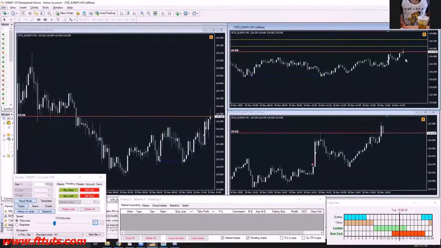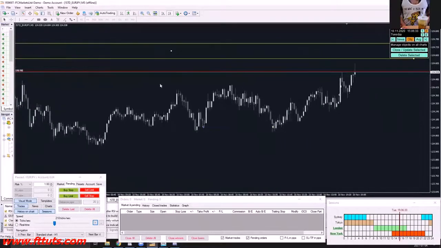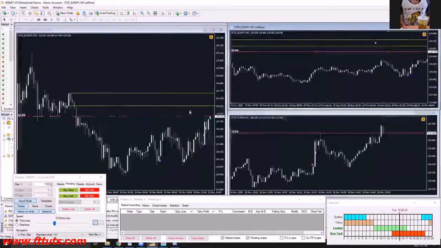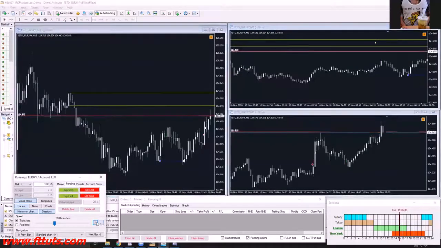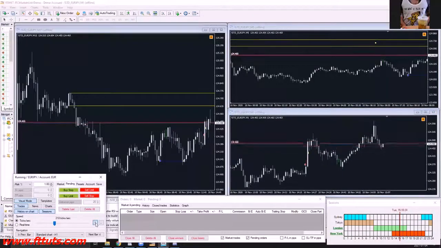Coming up to this order block up here on the 5. What I also see here on the 1 minute is actually equal highs and possible FU. See that? There we go.